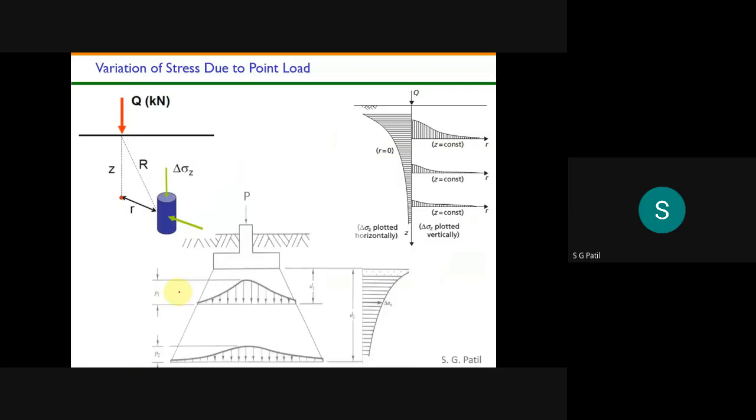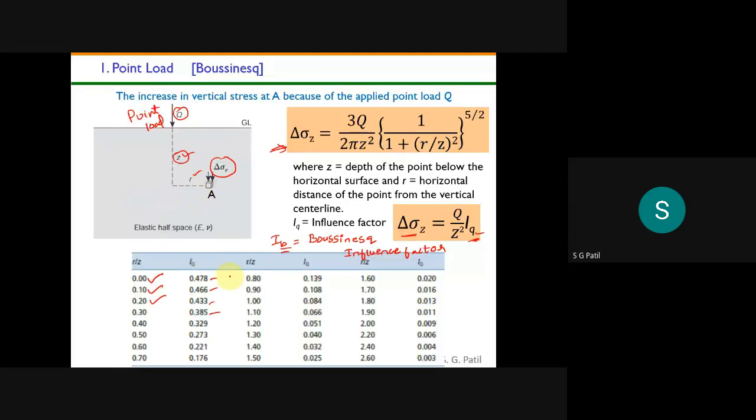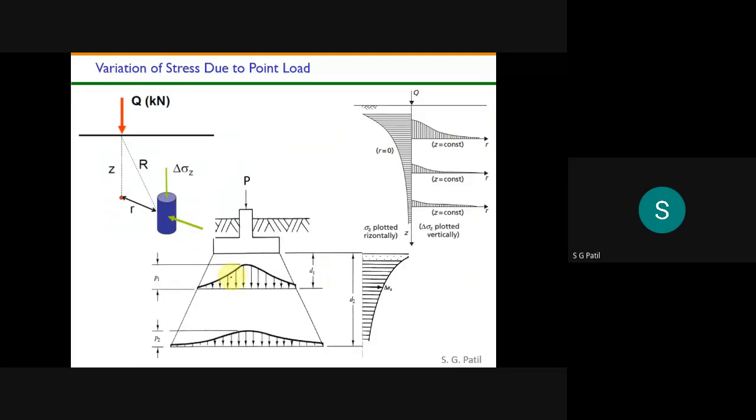Let me explain this Boussinesq's point load once again, how the stress varies along the depth and width. Suppose this is my foundation.